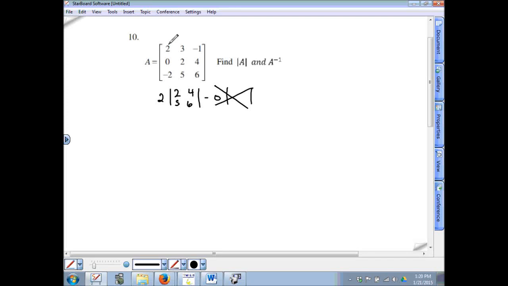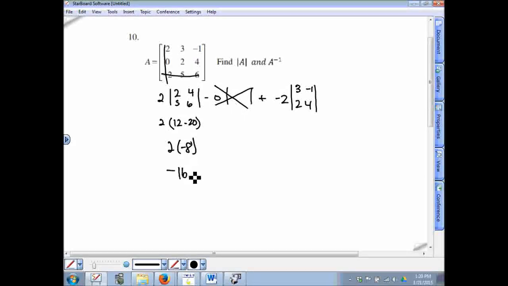Now, again, the pattern is plus, minus, plus, so we're going to add the next number of that column. So if you cross out the row and column containing it, you get 3, -1, 2, 4. These vertical bars mean this is a determinant. 2 times 6 is 12, and then you subtract the other cross product, 5 times 4 is 20.